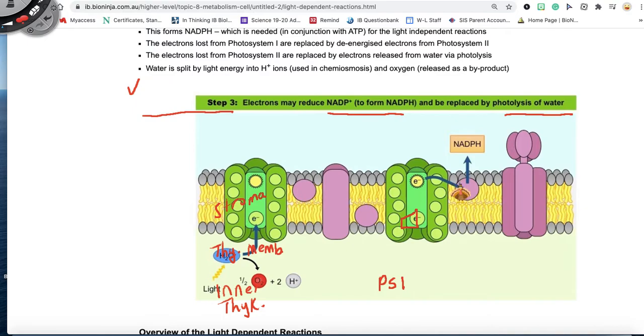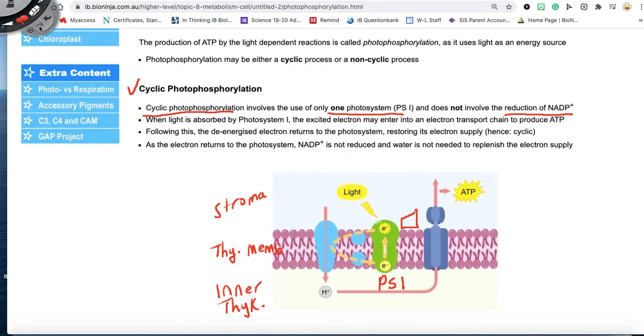Okay, remember that? This is not going to happen here in cyclic phosphorylation. So this electron does not get transferred to NADP+ to get reduced into NADPH. So instead, this electron goes back to its own electron transfer chain.